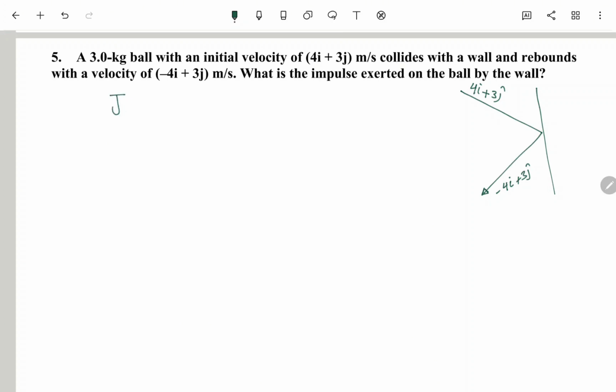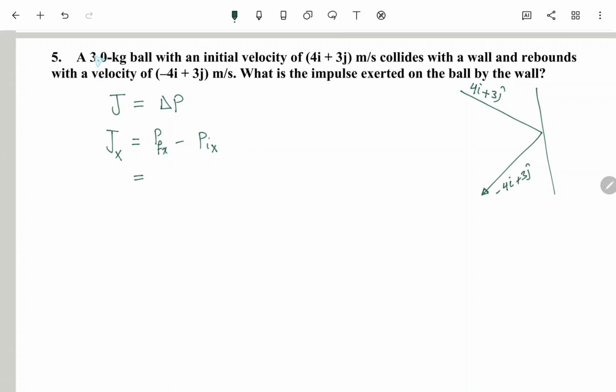Remember, impulse J is equal to delta p, and since delta p is a vector quantity, we have to analyze p into x and y components. So impulse actually on x equal to p final x minus p initial x.